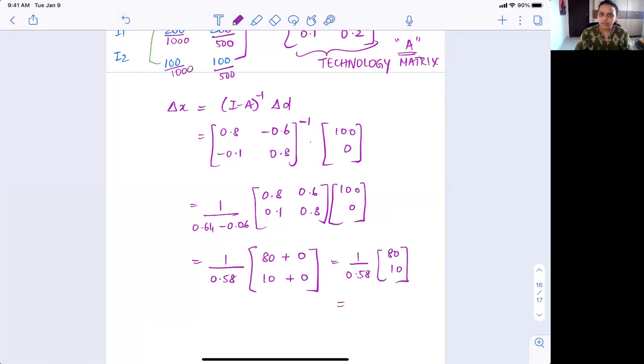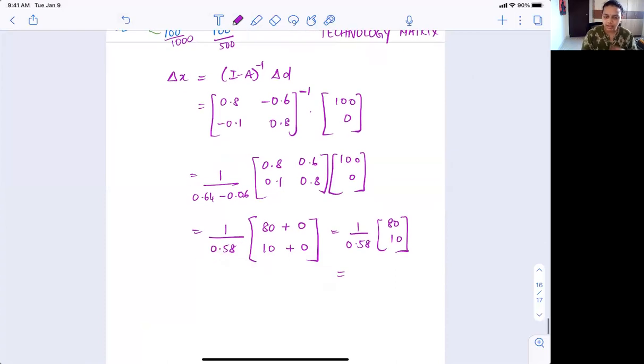Let me pull up my calculator here to check the answer. So we have 80 by 0.58, which comes out to be about 137.9, and we'll round it up and write it down as 138.